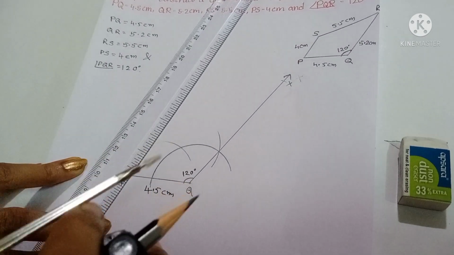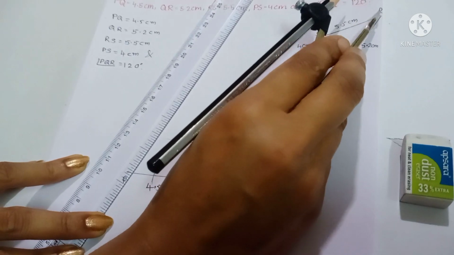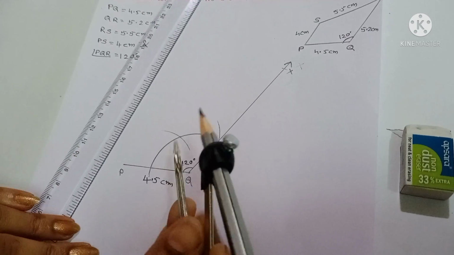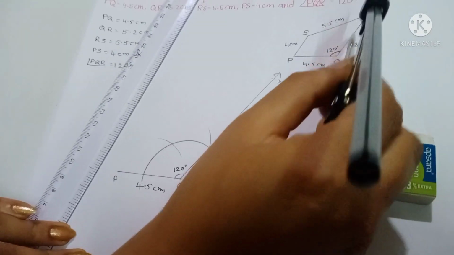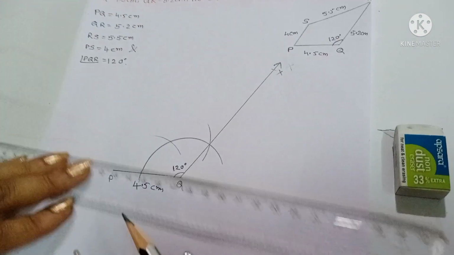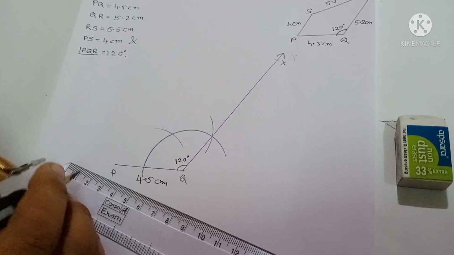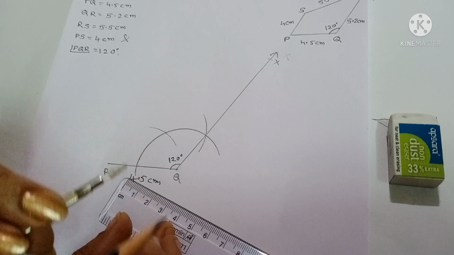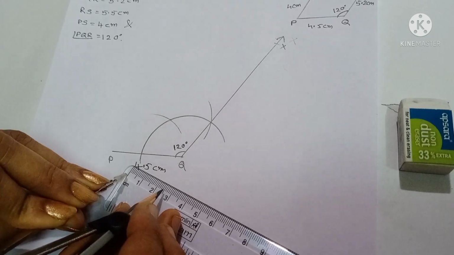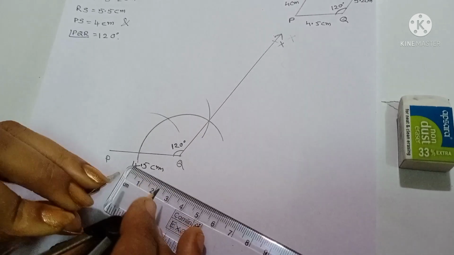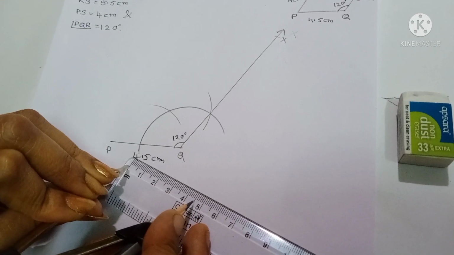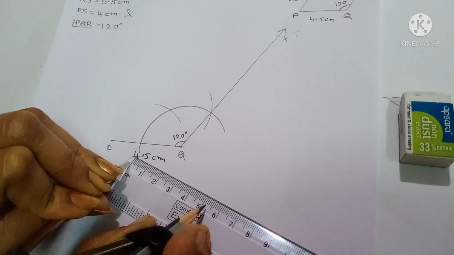Next, we locate the third vertex of the quadrilateral by using the given measurement QR is equal to 5.2 centimeters. Take radius 5.2 like this, compass at 0 to 5.2.